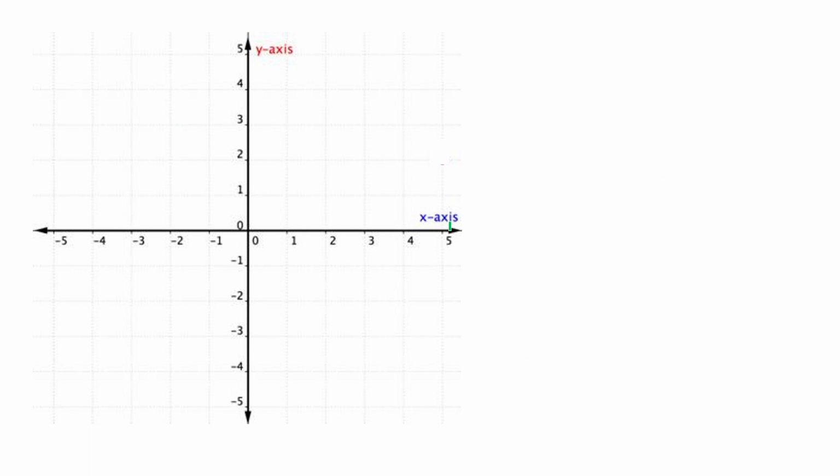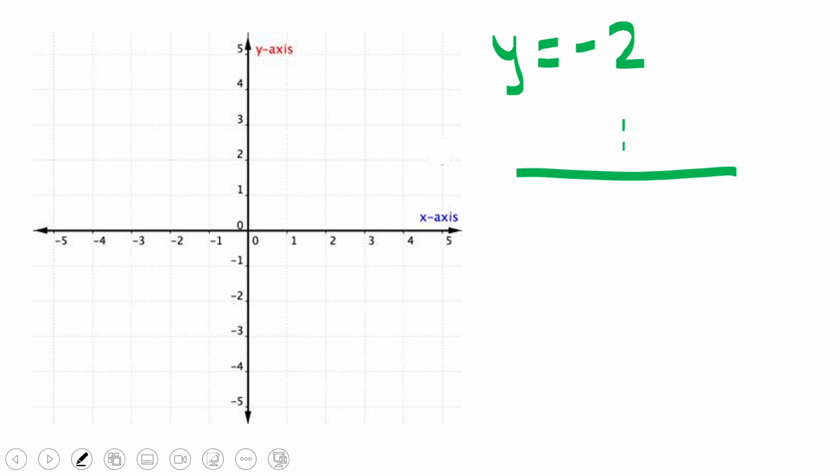Okay, if you're asked to graph and determine whether it is a function from an expression, we have something like y equals negative 2 given to us in our chart.